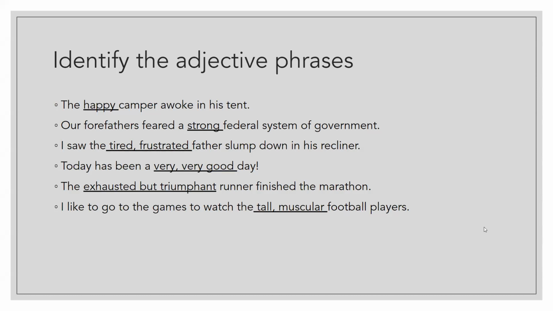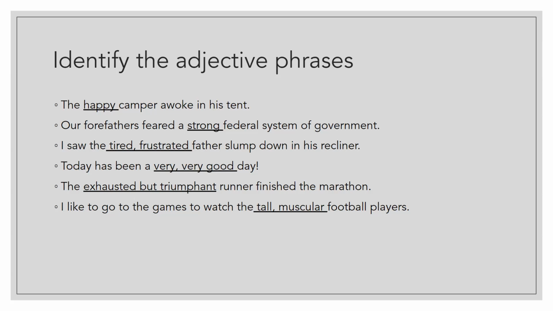Okay, we see that an adjective phrase may be a single lone adjective, as in the first 2 sentences. We could have 2 or more adjectives, as in the third or the last sentence, right? We could have some qualifiers, like the word very, or very, very good day.